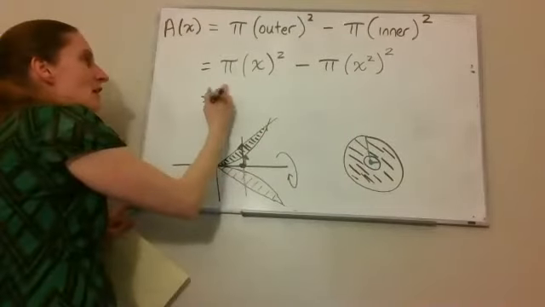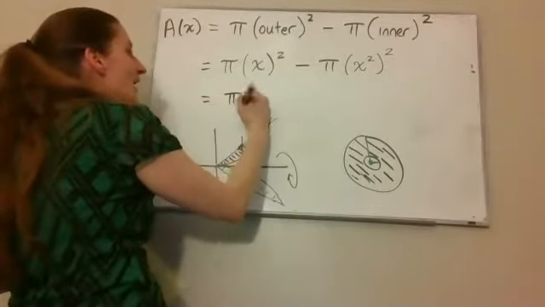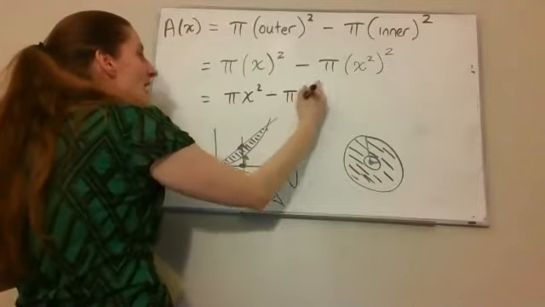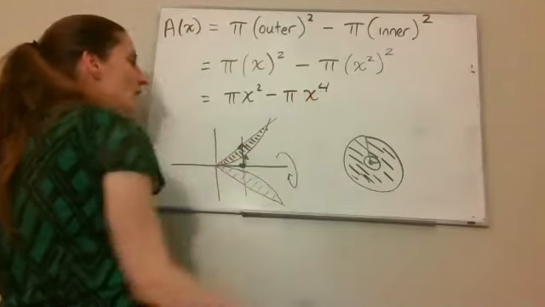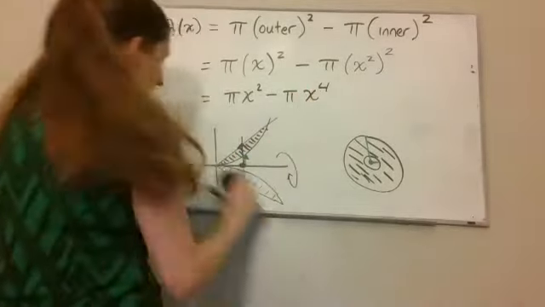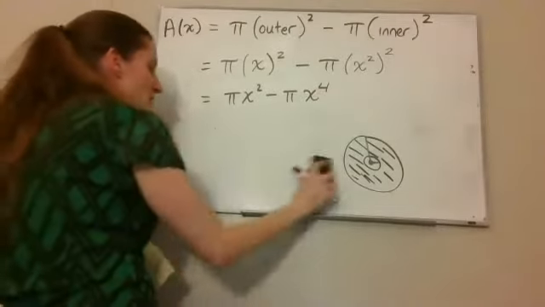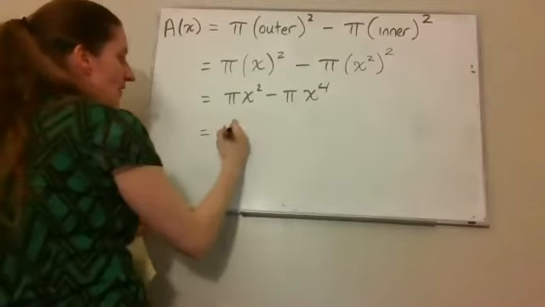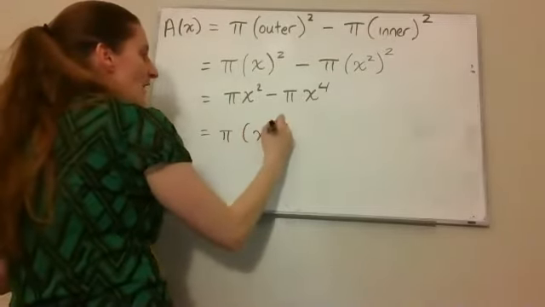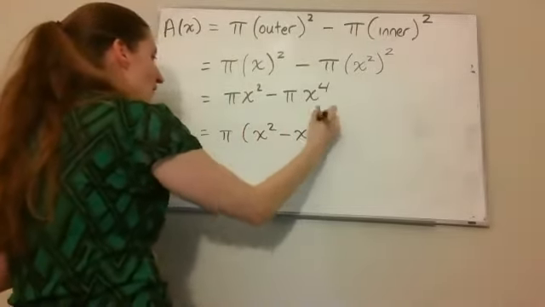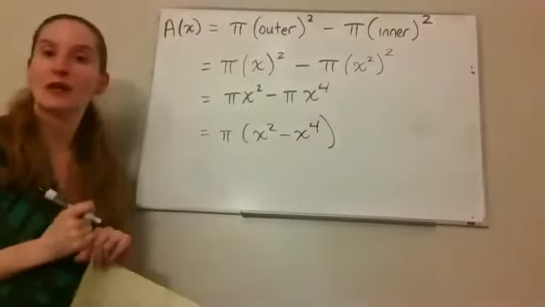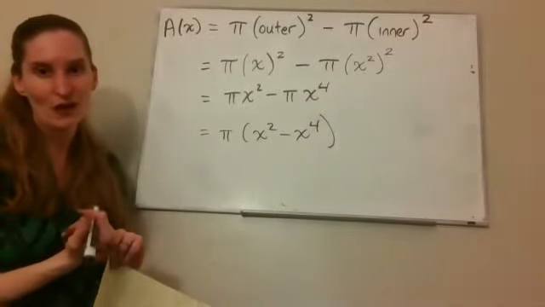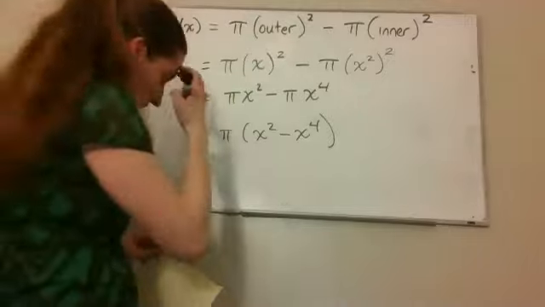So my area function is pi x squared minus pi x to the fourth. Or I can factor out the pi if I want to. Pi times x squared minus x to the fourth. That is the function we are going to integrate to find the volume of that object.